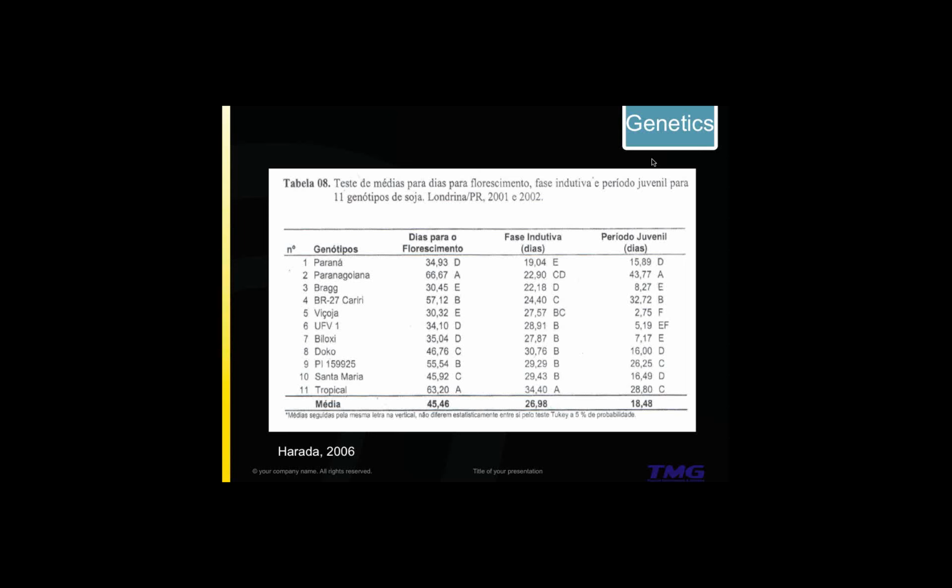But every time you have some stress, especially drought stress, and that's a compilation, some empirical data, the tendency is that the indeterminate types would suffer more.